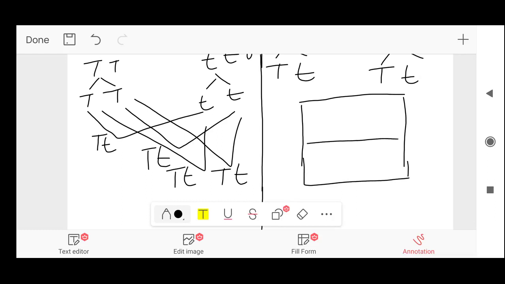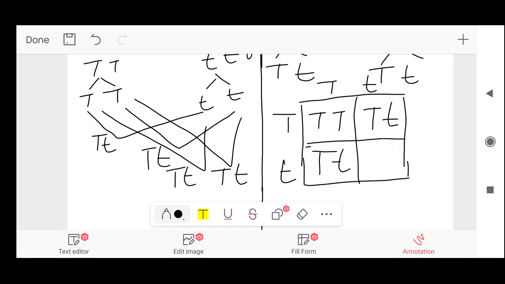Let's make the square. Capital T and small t here, and capital T and small t here. So he got capital T capital T, capital T small t, again capital T small t, and small t small t. So here he got three tall plants and one dwarf plant.